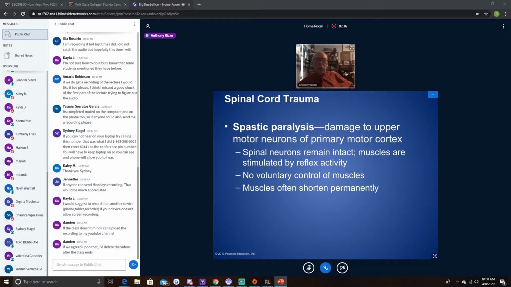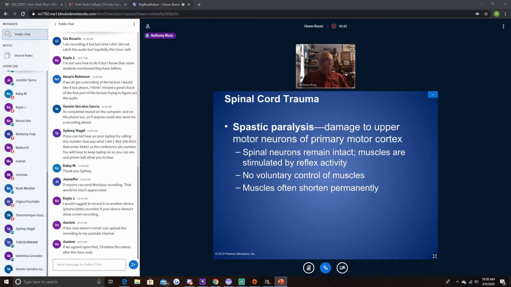If the spinal cord is stimulating a muscle to contract all the time, the person gets what's called spastic paralysis. The muscles go into spasm, and that's where they stay. There is no voluntary control of the muscle, because the upper motor neuron from the brain to the spinal cord is the neuron that tells the muscle what to do.